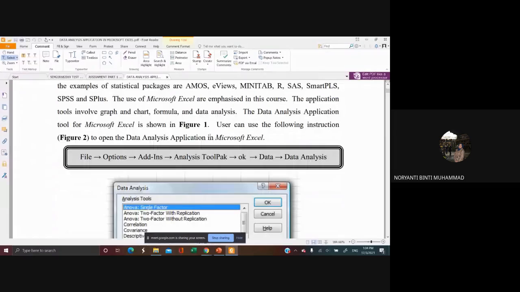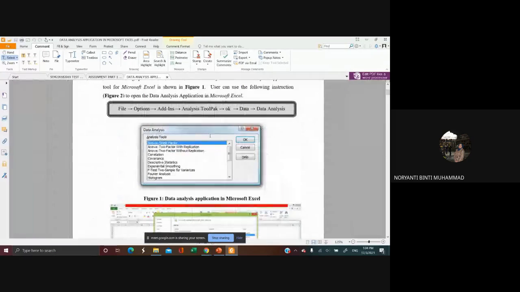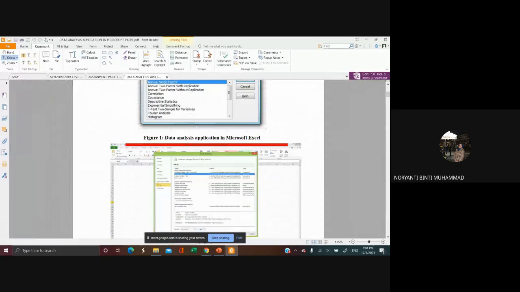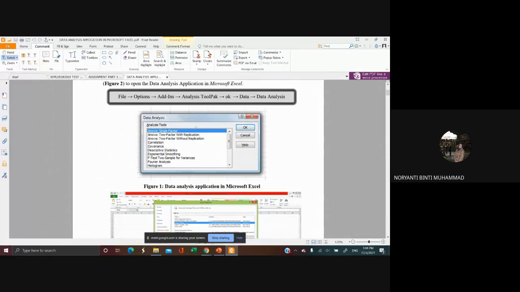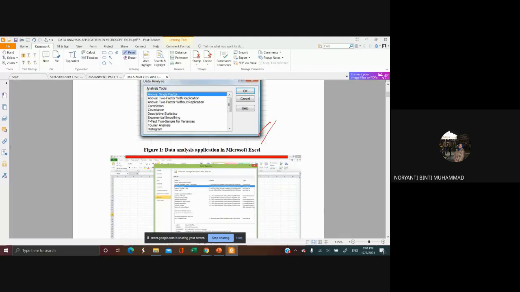So you can see how you use Excel. This is what you should do first in order to get data analysis in your Excel. And then you choose descriptive statistics.